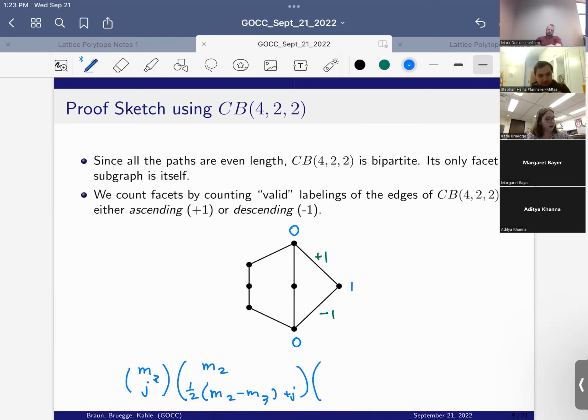And on our longest path here, m1, we need to have m1 choose 1/2 (m1 minus m3 plus j). Okay.